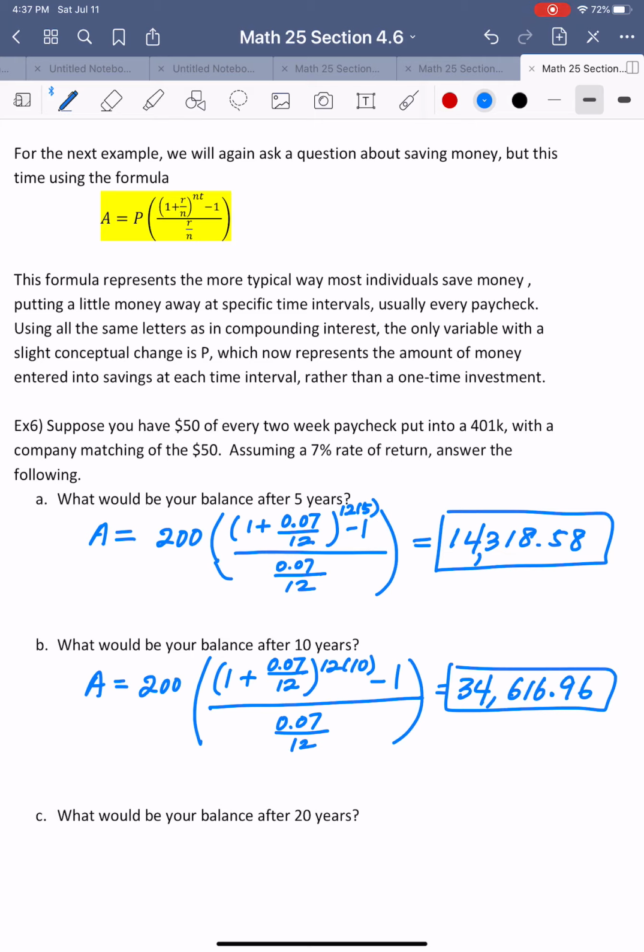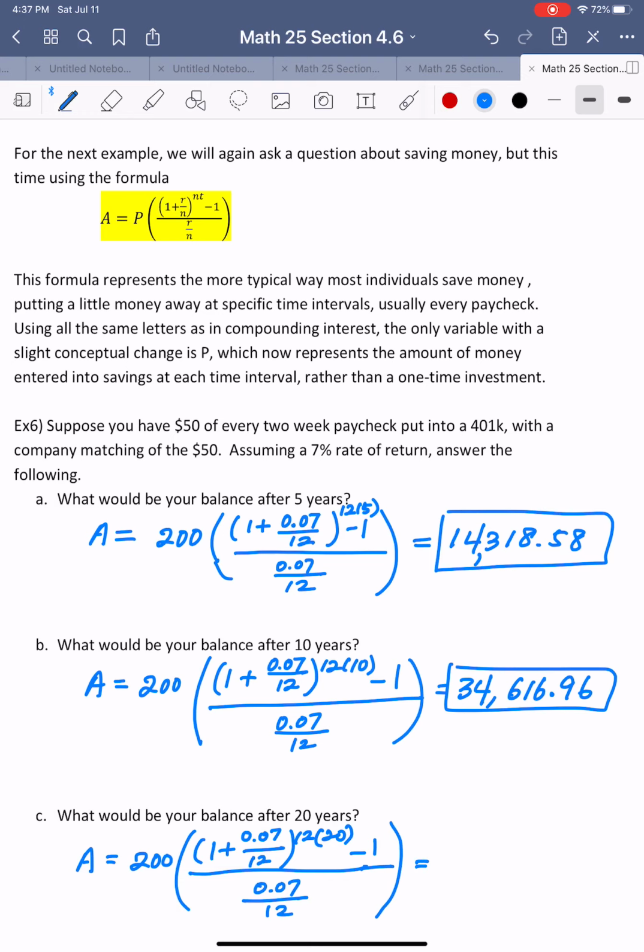Yeah. What will be the balance after 20 years? Oh, so now we change to 20. So A equal to 200 times 1 plus 0.07 over 12 to the power of 12 times 20, minus 1 over 0.07 over 12. Make sure you use the parentheses properly, okay?